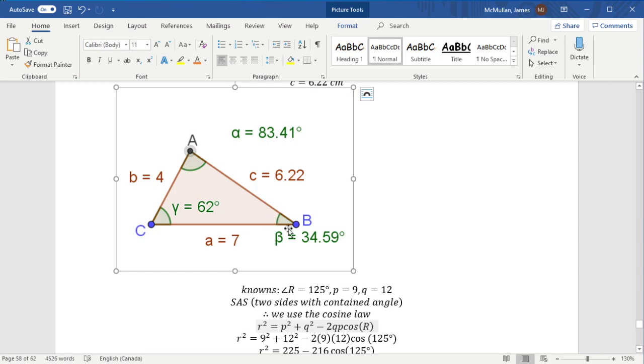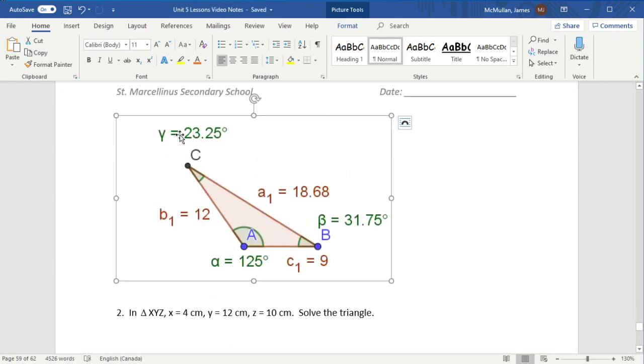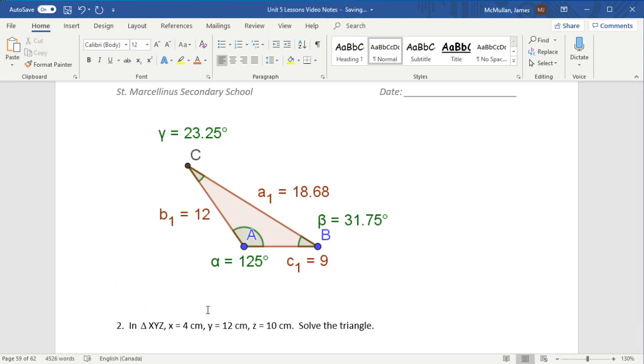The smallest side of a triangle is always opposite the smallest angle.